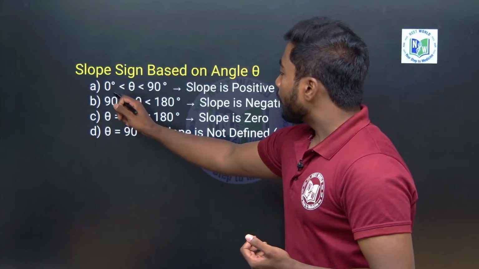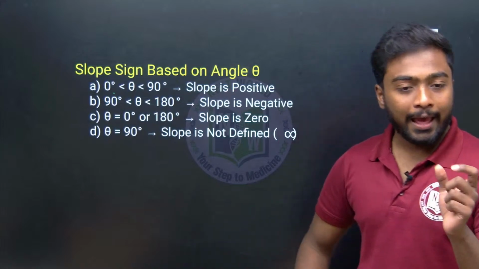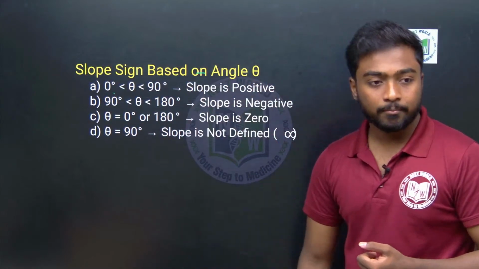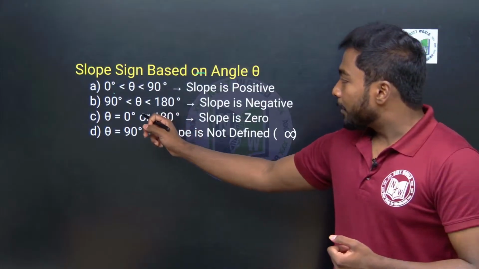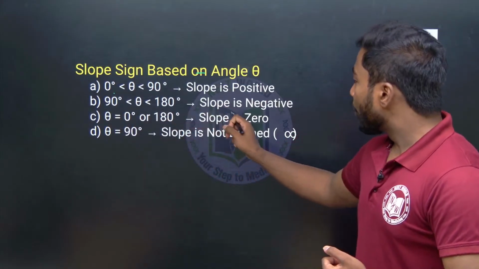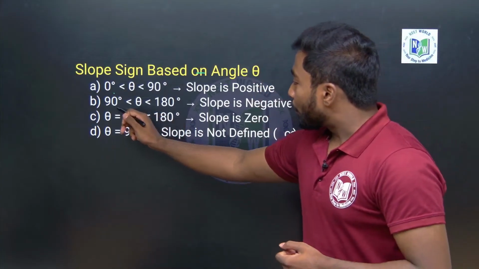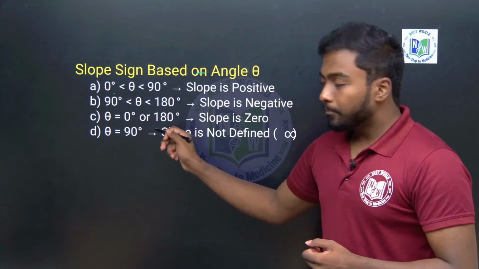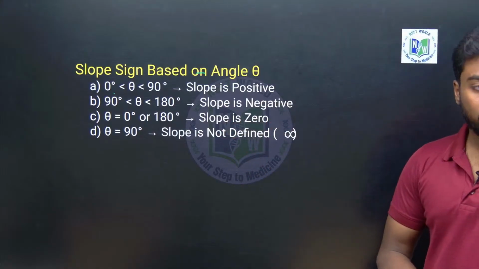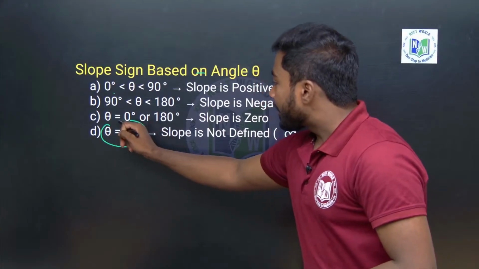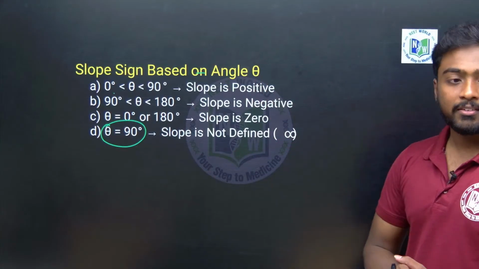When the angle lies between 0 to 90, the slope is positive. When the angle lies between 90 to 180, the slope is negative. When the angle equals 0 or 180 degrees, the slope is 0. When the angle is 90 degrees, the slope is not defined, that is infinite.